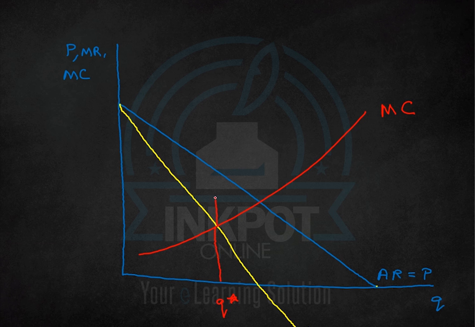then this Q taken up to the demand curve tells you the corresponding price that this Q star output will be sold at. So now what we are left to do is identify the consumer surplus and the producer surplus and see if there is any deadweight loss.